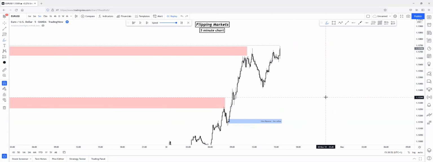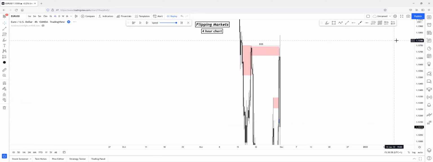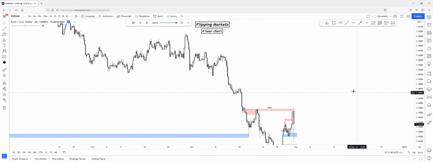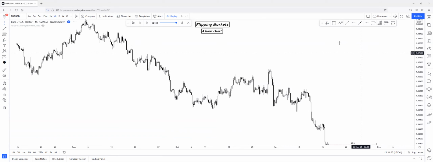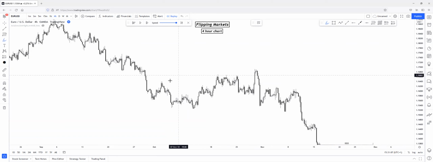Okay, but actually, why are we waiting for short opportunities? Let me just talk through this again, and switch to the 4-hour chart. As you can see on the 4-hour chart, the trend is extremely bearish, right? The main movements are bearish movements.